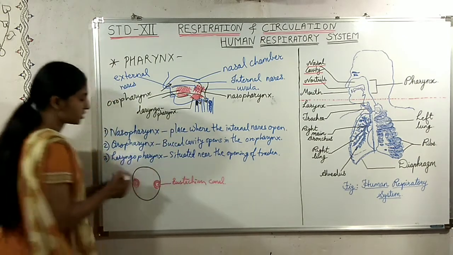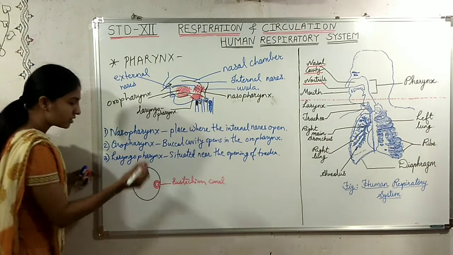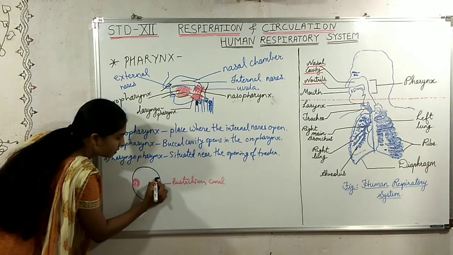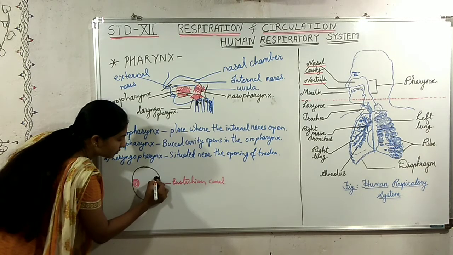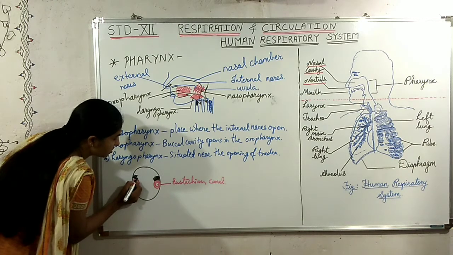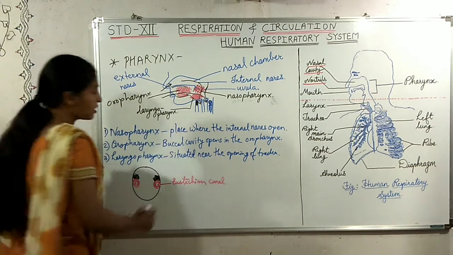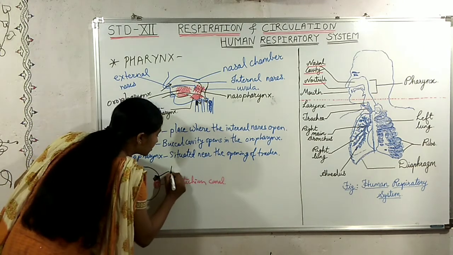Above this eustachian canal there is a pair of tonsils. This pair of tonsils is called the tubal tonsils.